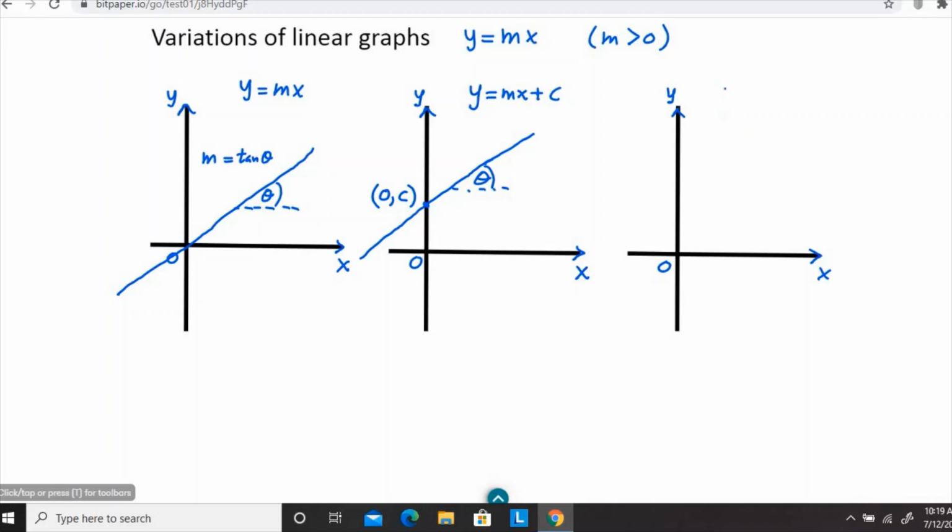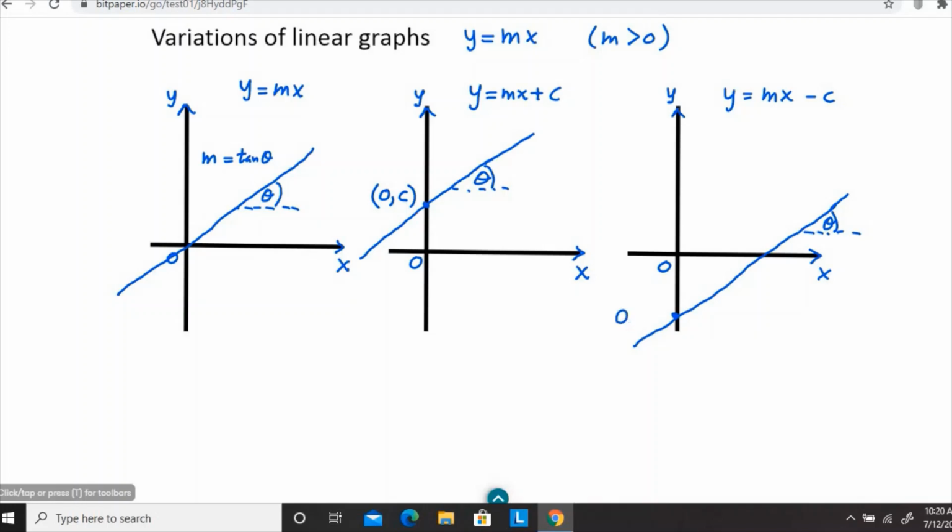The other variation is y equals mx minus c, where c again is the y-intercept, but in this case, the line is like this. So it makes the same slope, that means the same angle with the horizontal, but this time it's going to intersect not above the x-axis but below the x-axis.